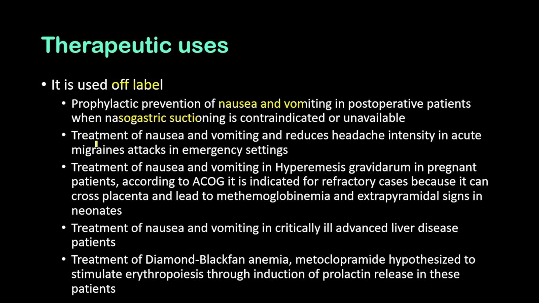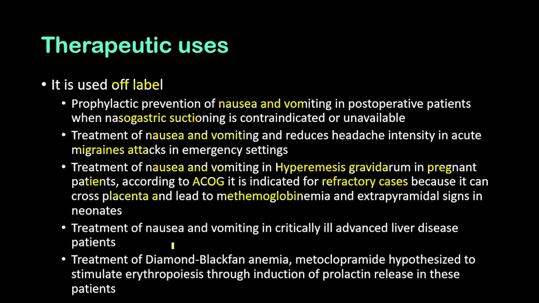Now, it is also used off-label in treatment of nausea and vomiting and reduction of headache intensity in acute migraine attacks in emergency settings, and it is used in treatment of nausea and vomiting in hyperemesis gravidarum, which is a condition that happens in pregnant patients when they have repeated vomiting, and according to the American College of Obstetricians and Gynecologists, this medication is indicated for refractory cases only because it can cross the placenta and lead to methemoglobinemia and extrapyramidal signs in neonates.